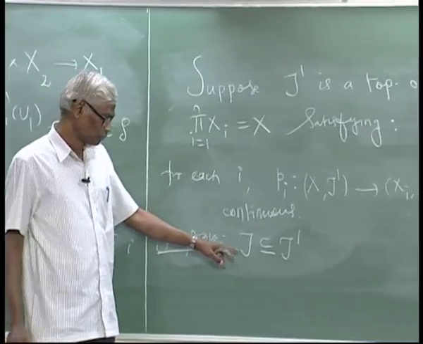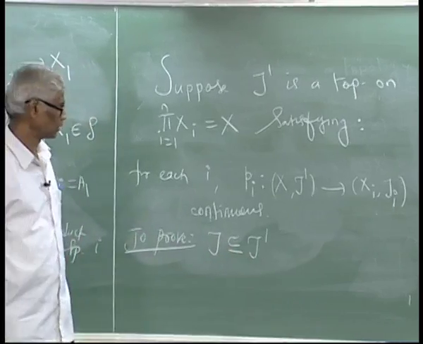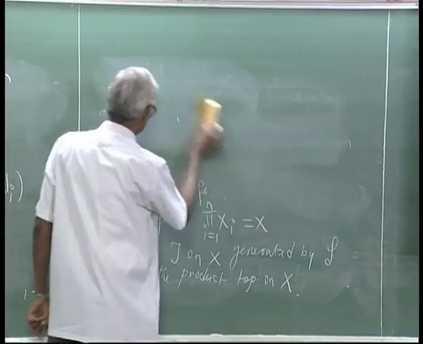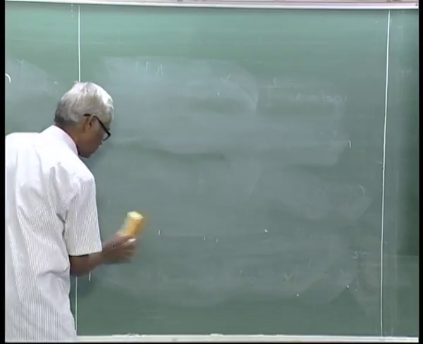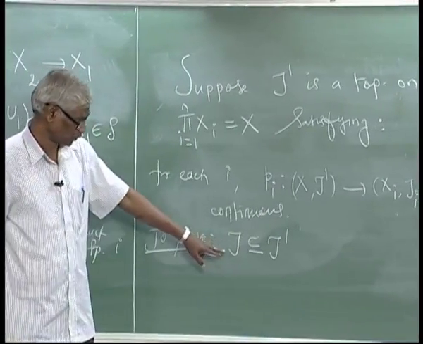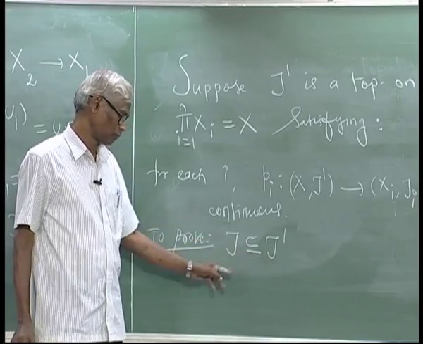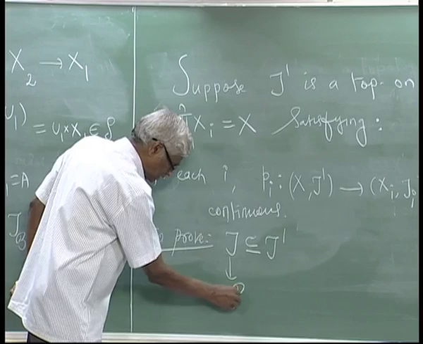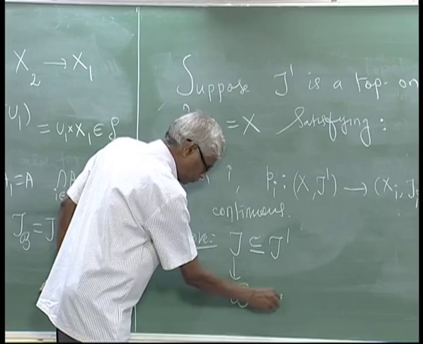So, we have to prove that if U belongs to tau, then U belongs to tau prime. So, take U belongs to tau, any open set. In fact, if you want to prove that one topology is a subcollection of tau prime, it is enough to prove that the corresponding basis beta is a subcollection of tau prime.